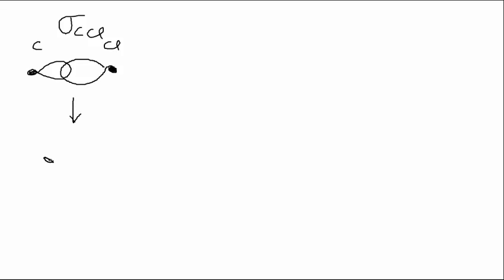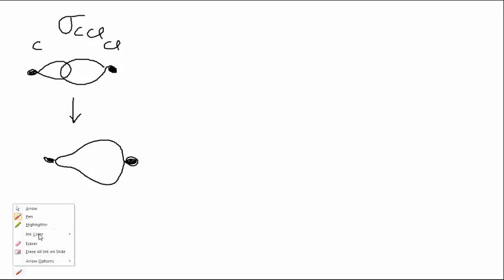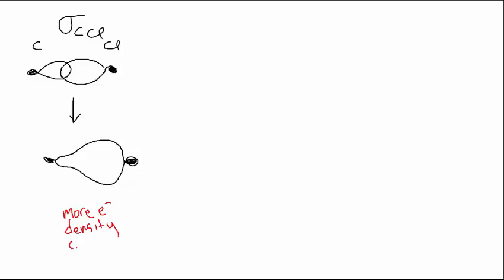So what it looks like is going to be a little more pear-shaped and have a little bit more electron density close to the chlorine. Now that makes sense with our prior description of bonding, because we would have said a carbon-chlorine bond is polar.